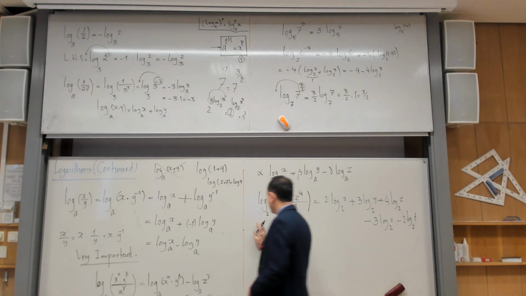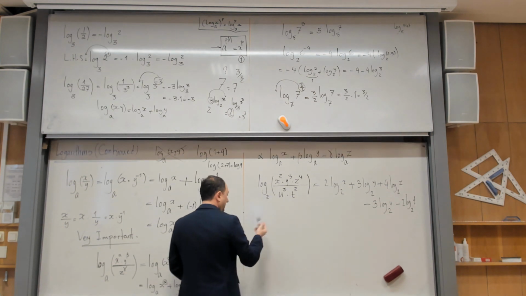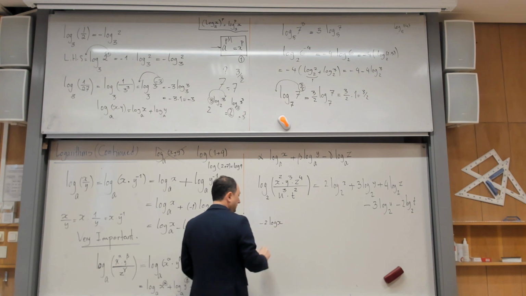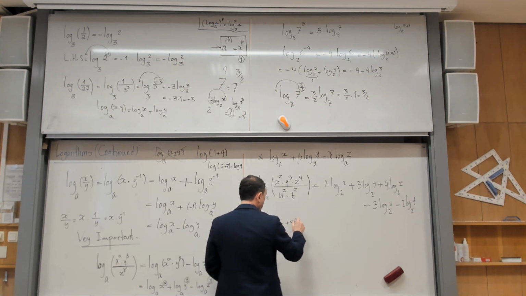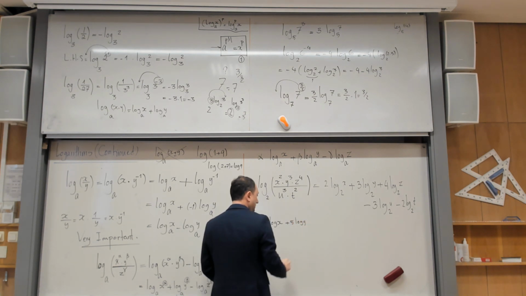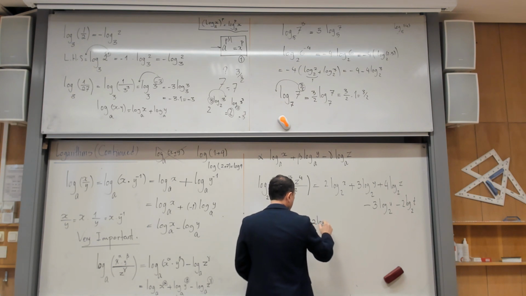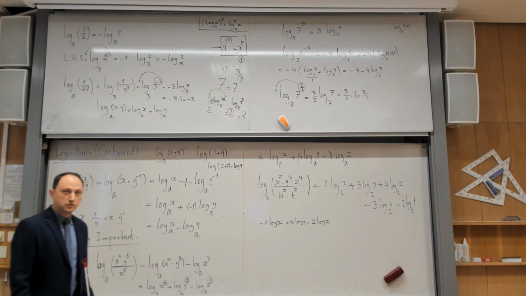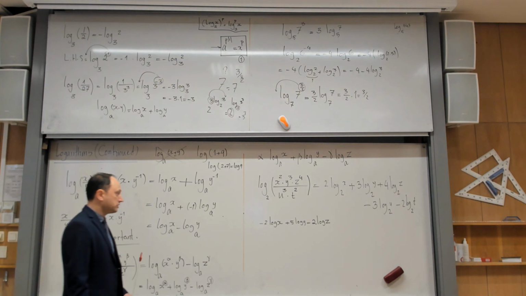Can you collect this back? For example, minus 2 log of x plus 5 log of y minus 2 log of z. If I want you to collect it back as much as possible, immediately, what's the answer?